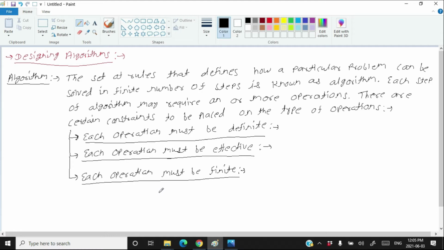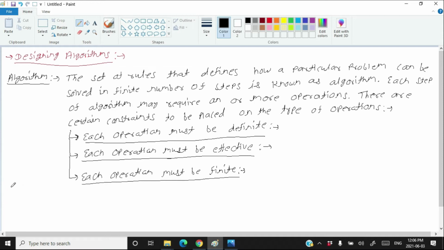The operation must be effective, meaning it can be done using pencil and paper. And the operation must be finite, so it should not take forever to execute. So the number of steps should be finite and the operations in every step should be definite, effective and finite. Then such a set of rules is called an algorithm. So hopefully now you got the proper formal definition of algorithm.